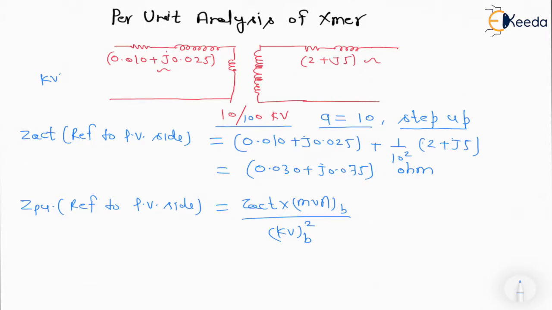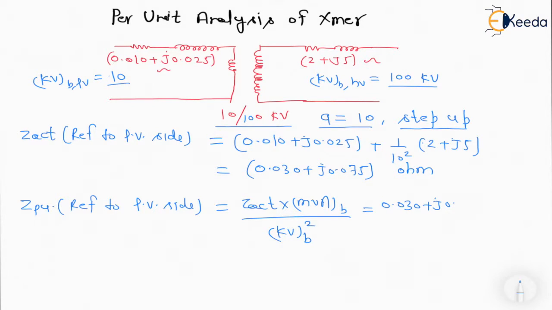Let us assume kVb of LV is equal to 10. So automatically the kVb of HV will be 100 kV, because we know two sets of voltage values can be taken on either side of the transformer. If here it is 10, then the second side will be based on the transformation ratio of the transformer.